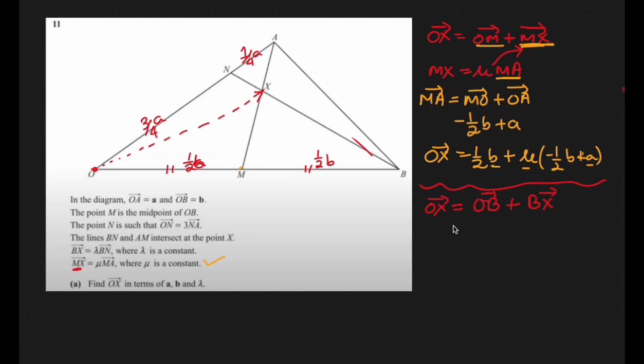So OB, and they have already given that BX is lambda times BN. But BN is not known to us. To start from B and reach N, I can go this way. I will go to BO. So let me write here BN equals BO and then ON.